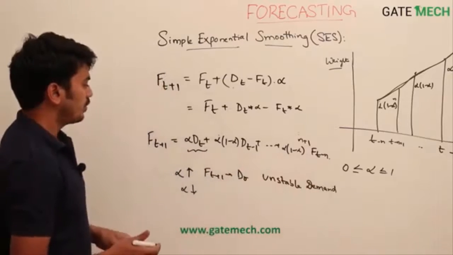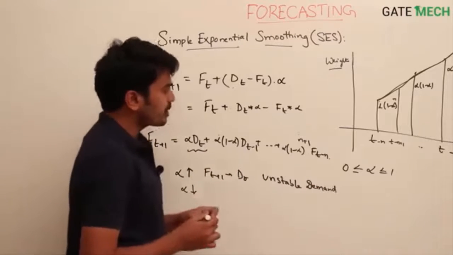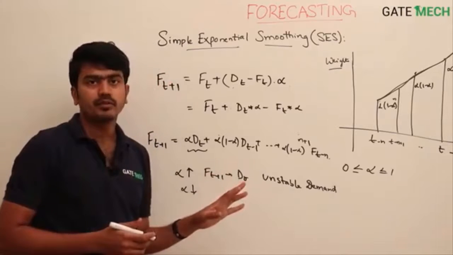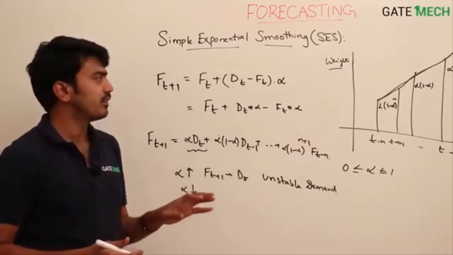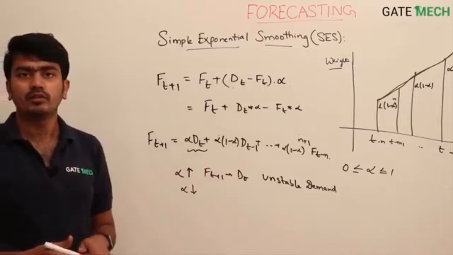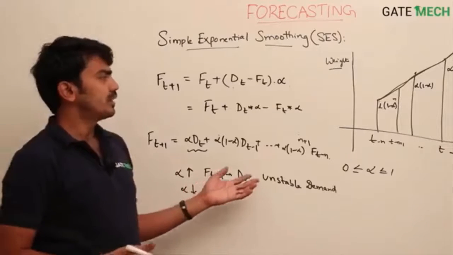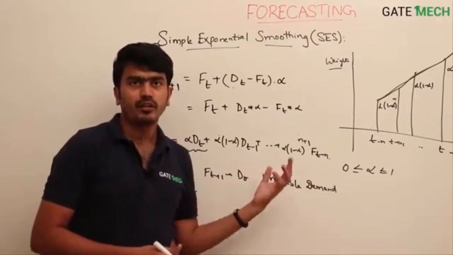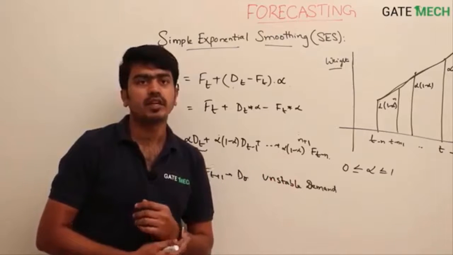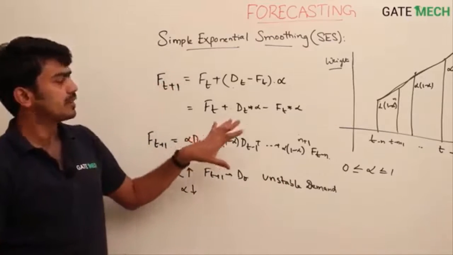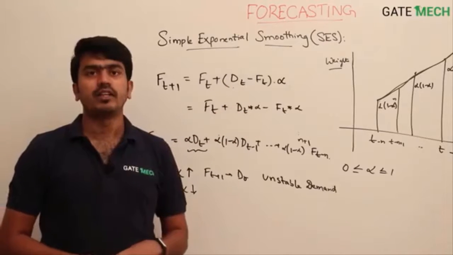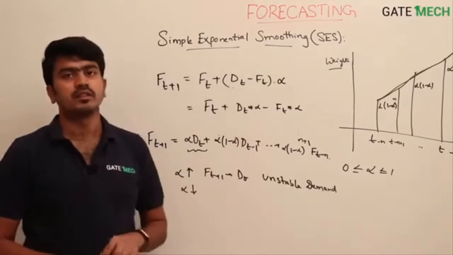The exponential smoothing method is very important from the GATE point of view. It consistently gets 1 or 2 mark questions. If it is a theory question, it will be a little tricky to find the answer, whereas the problems will be straightforward by substituting the relevant equations that we discussed.